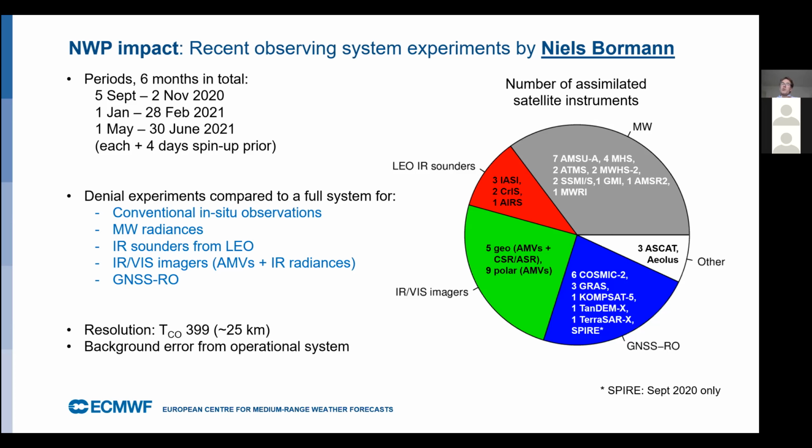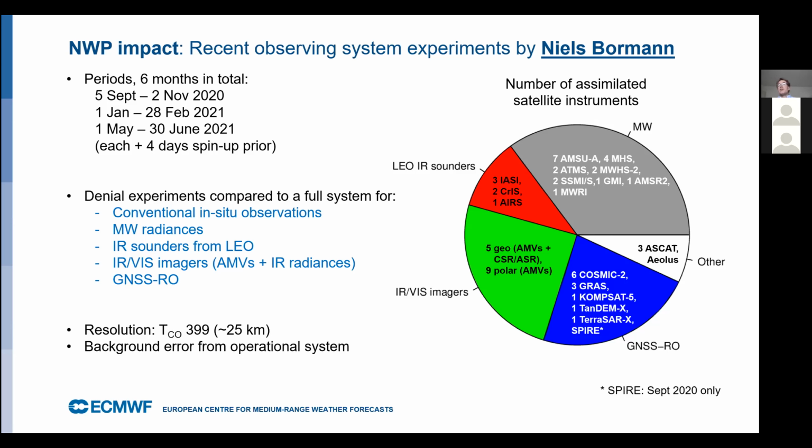Obviously, if you pull out your radio occultation data, what you hope to see is the forecast errors go up because it's no longer there. So Niels has done a really interesting set of experiments. They're called observing system experiments, OSEs for short, where he's pulled out different components of the global observing system from our NWP system and seen how the forecast errors get bigger in a statistical sense when these are removed.